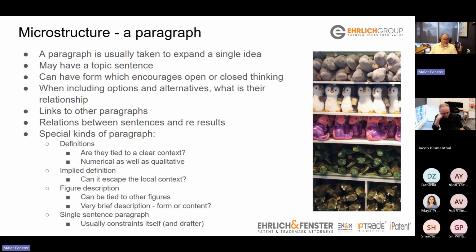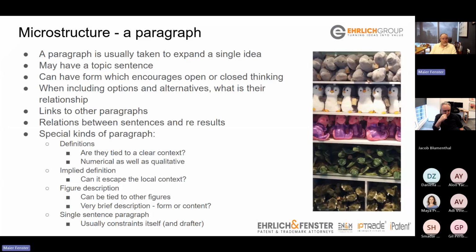Let me give you a few examples of special kinds of paragraphs, not regular embodiments. Definitions. Like I said before, as used herein, DNA means such and such. So it could be tied to a clear context. It could have both numerical parts and qualitative parts. Your DNA, does it use only 4 types of, what are they called, base pairs?